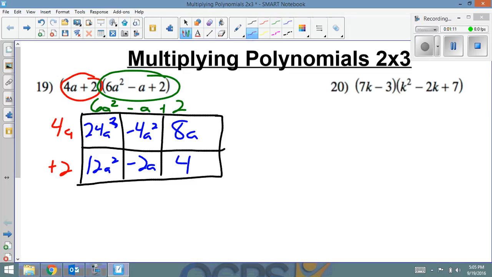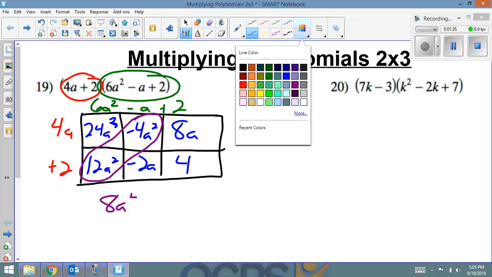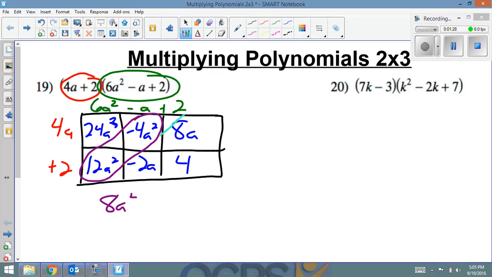Then what you do is you're going to add these two together. So 12a squared plus negative 4a squared is 8a squared. You're also going to take these two terms and add them together. So we got negative 2a plus 8a.